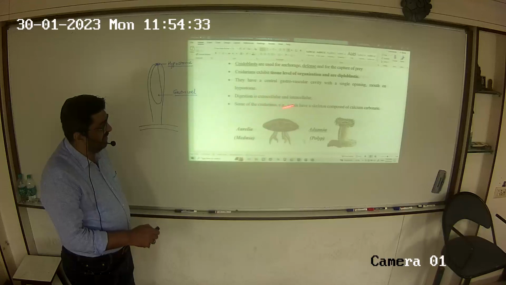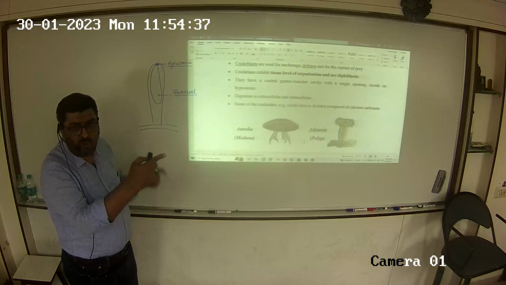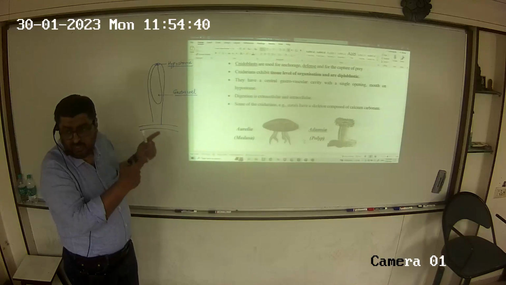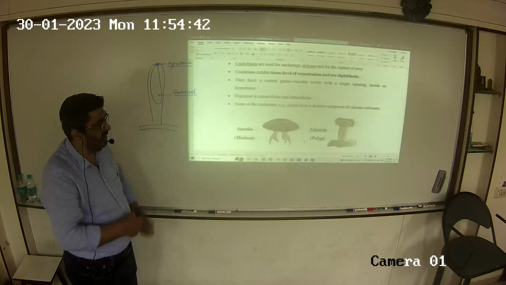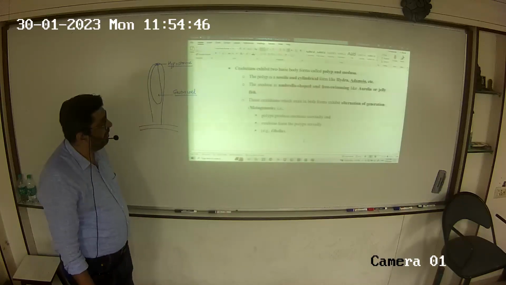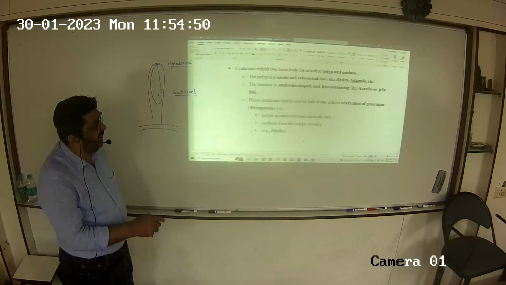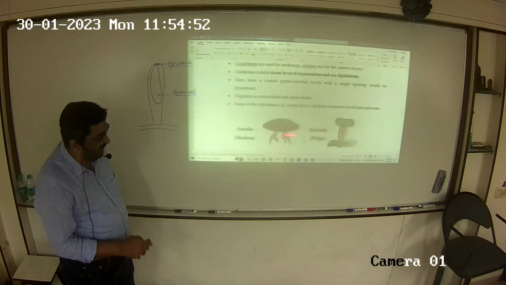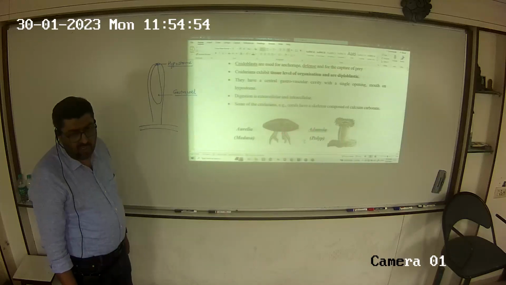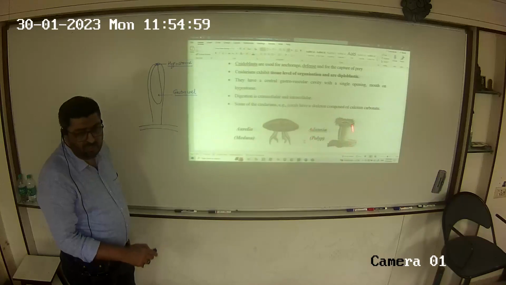Some of the cnidarians, like corals, or coral reefs, are actually nothing but coelenterates. They have a skeleton composed of calcium carbonate. Now, cnidarians exhibit two body forms, which you can find on the diagram here. You have a polyp form, Adamsia, given here.